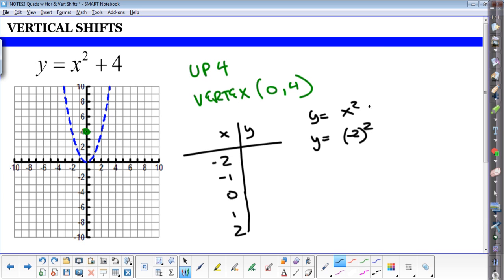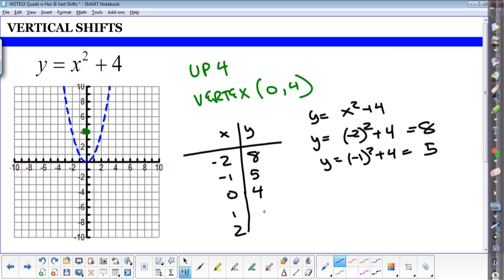Here was the function we're graphing, plus 4, which is 8. And I'm going to plug in -1. And I will get 5. You can type that directly into your calculator, just like that. Parentheses, -1 squared plus 4. And you'll get 5. If I plug in 0, I'm going to get 4.